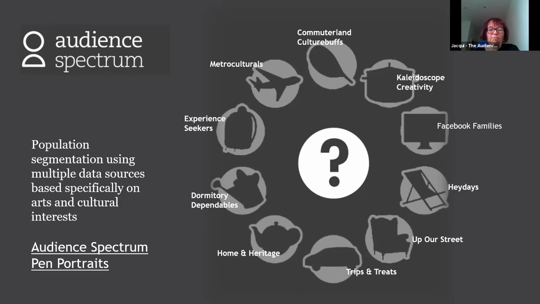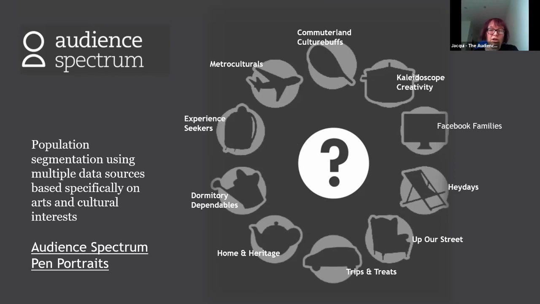And I think the important things about the segmentation are that it recognises that everybody engages with culture to some extent or another. Nobody is completely disengaged. And lower engagement doesn't necessarily reflect a lack of interest.